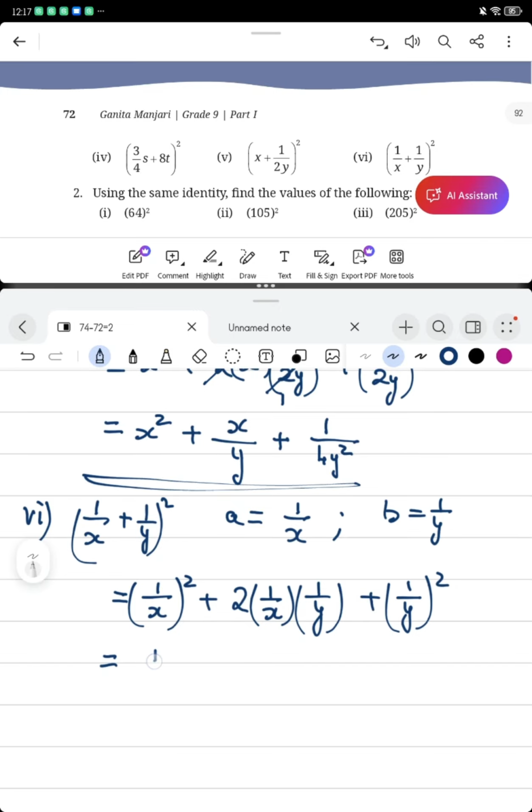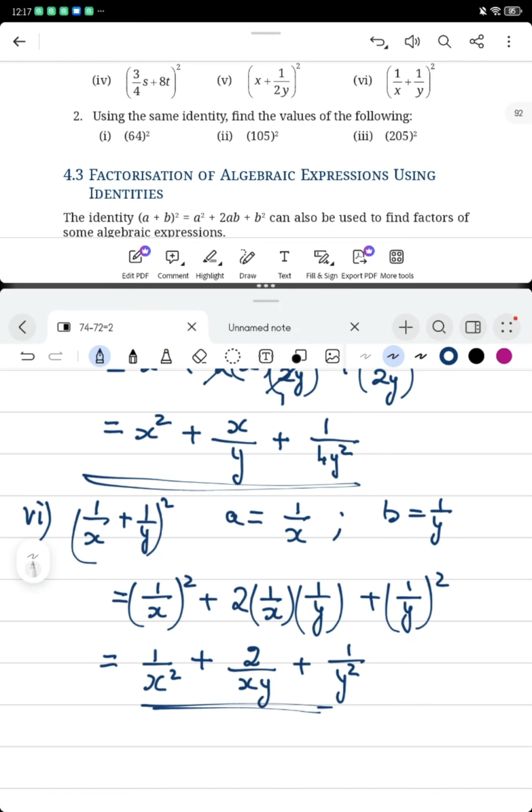This is very simple. So when you square the 1 and the x square, it is 1 by x square plus numerator is just 2 into 1 into 1, which is 2 divided by xy plus 1 divided by y square. This is the last subdivision of our first question.